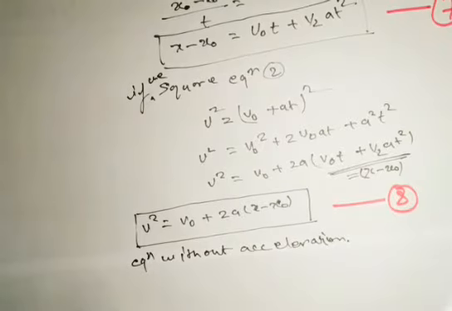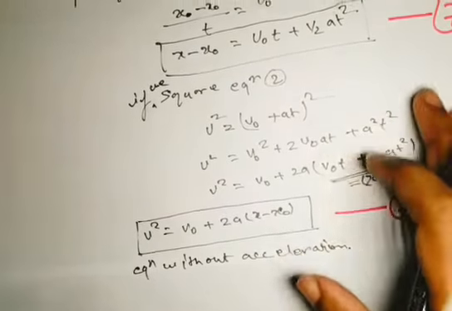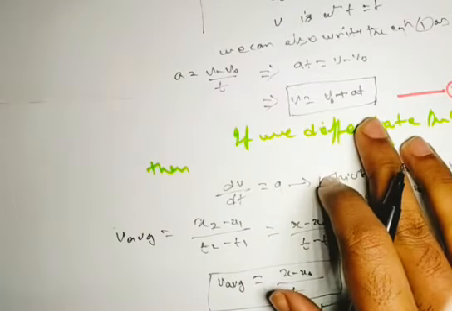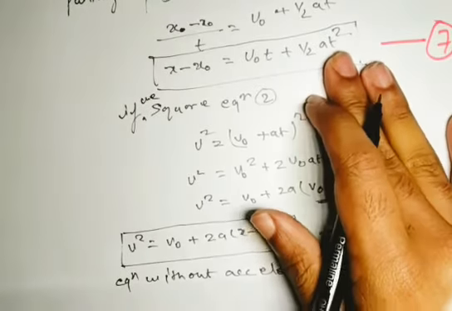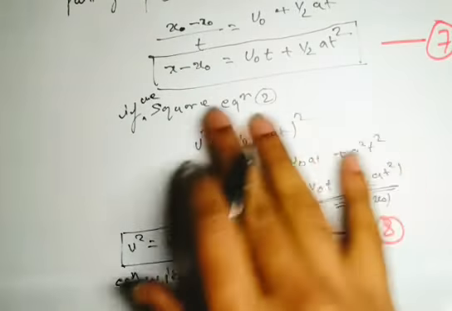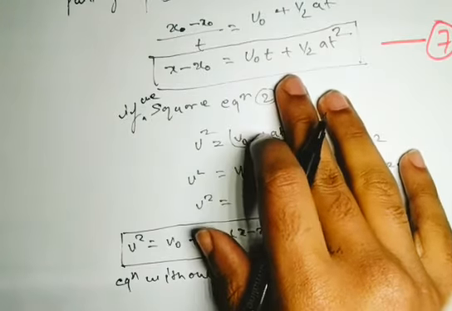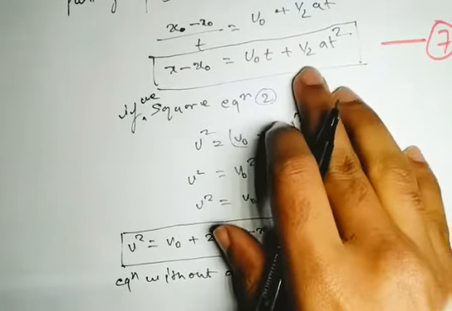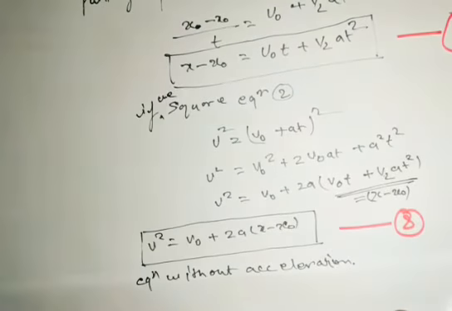Then we just need to substitute equation 2nd into equation 7. That is equation 2nd, v is equal to v naught plus at, into equation 7, x minus x naught is equal to v naught t plus half at square.